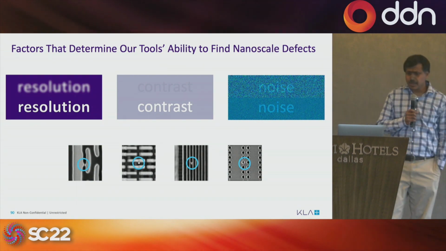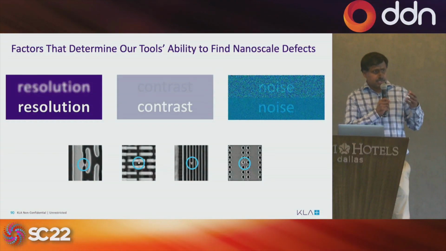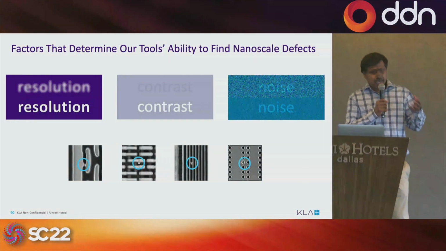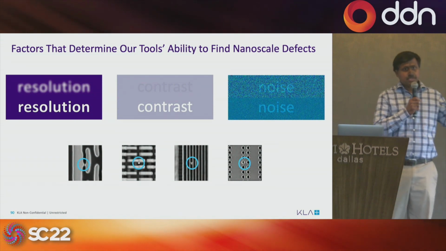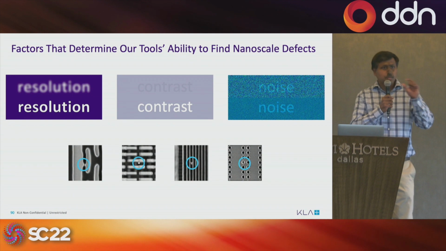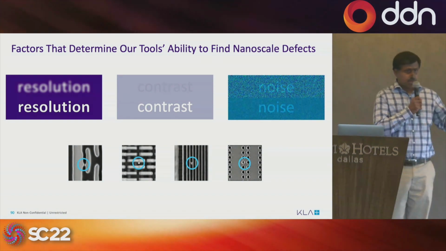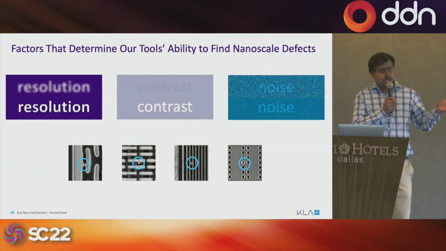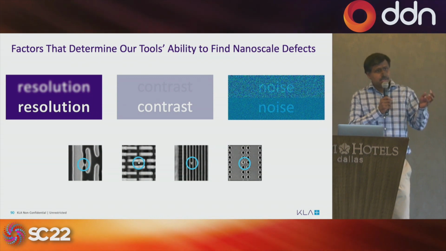So we talked about finding defects at the nanoscale. To find defects at that scale, you need to have really high resolution. High resolution means you have to use very small wavelengths of light, so go into deep ultraviolet. If you go to really small wavelengths, what does that mean? The trade-off there is less penetration.